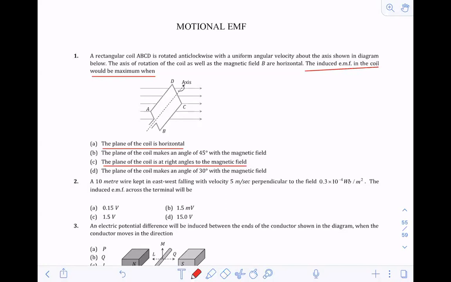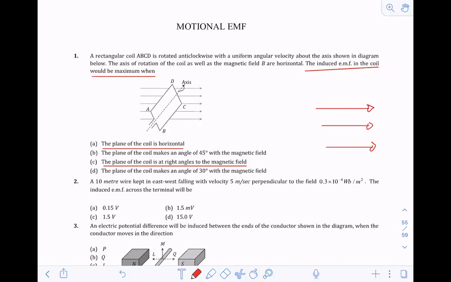What we have to do, we have to see the area vector, okay? And we have to see the magnetic field. So if my magnetic field is like this, if the induced EMF in the coil would be maximum when the plane of the coil is at right angle to the magnetic field.